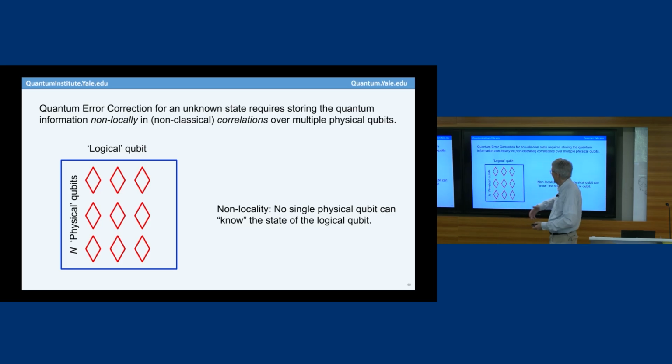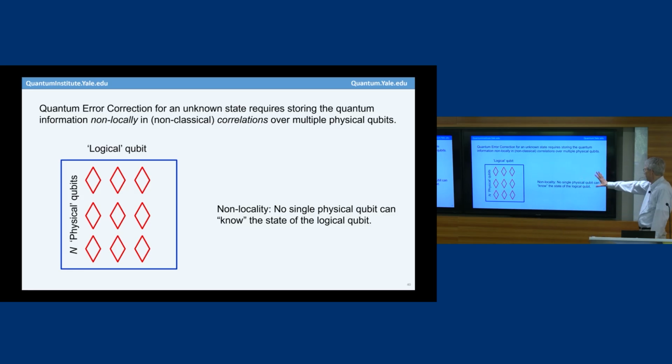And somehow that information about alpha and beta has to be hidden inside here in some clever way, in some giant entangled state. The information is in the correlations among all these qubits. It's not in any single qubit. Because if it were, then the environment could measure this somehow by some decoherence or decay process, could measure the state of that, and then it would learn the state of the logical information, and then it would be dead. Okay?